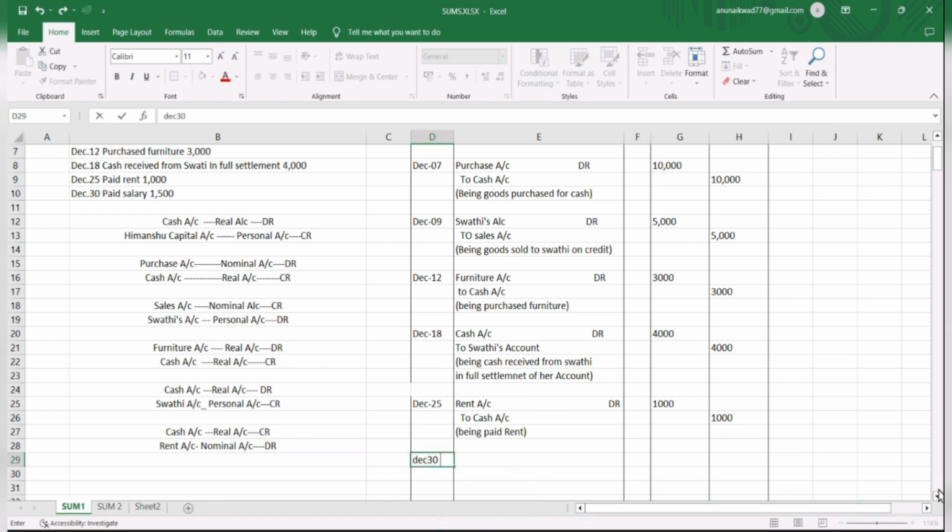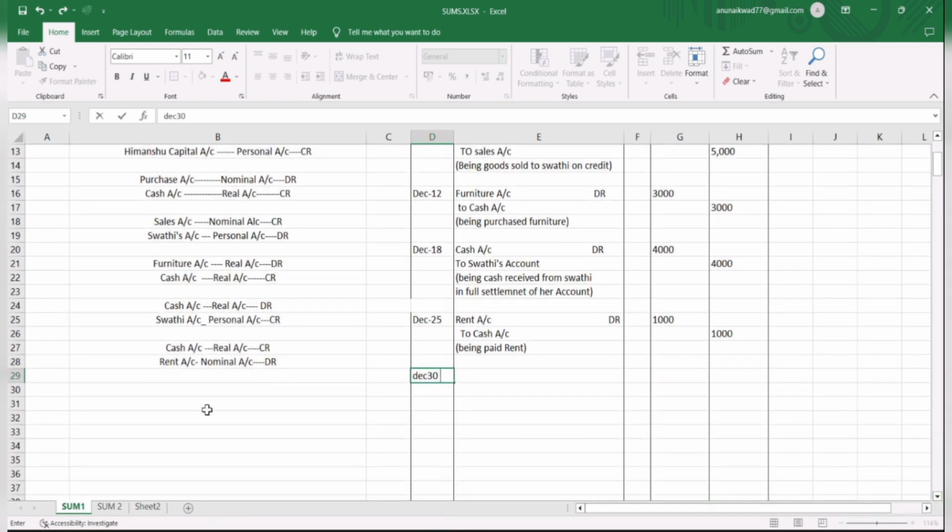Next, our transaction is on 30th December, paid salary. Same salary also will be same effect. Salary account will be affected. Another one, we are paying it in cash, so cash account will come in effect. We know cash account is real account, salary account is nominal account. Because we are paying here, it is an expense to us, so it is debited.